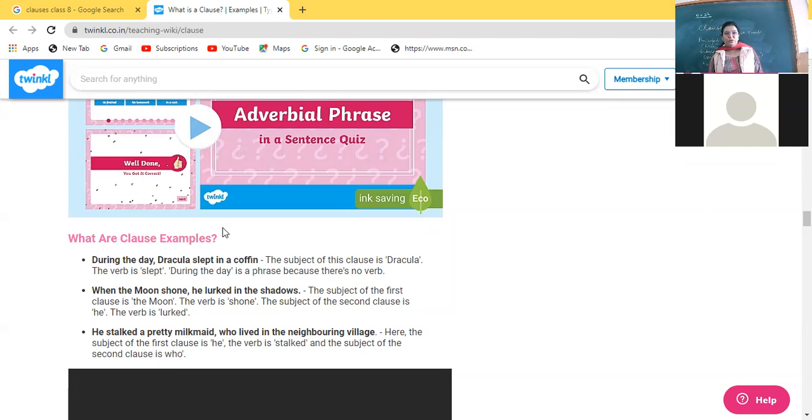When the moon shone, he lurked in the shadows. When the moon shone, we talk about the subject, the verb is shone, and of course here, he lurked in the shadows. This is a clause, right? Now he stalked a pretty milkmaid who lived in the neighboring village.